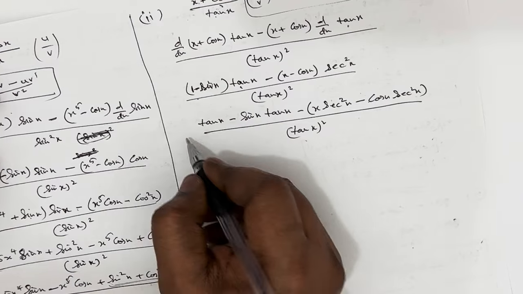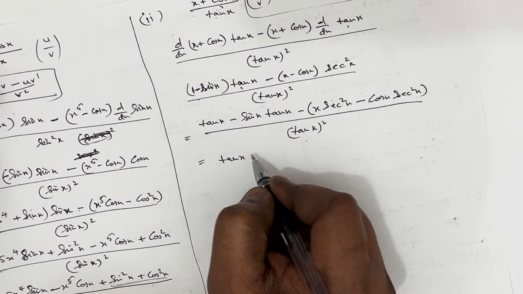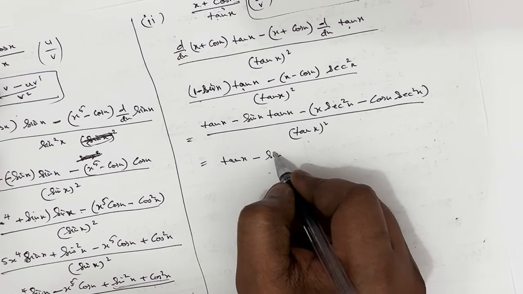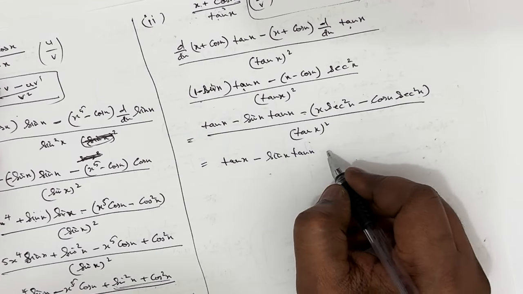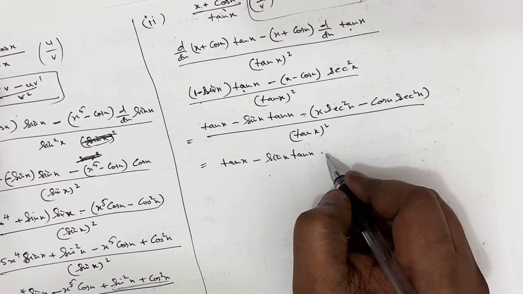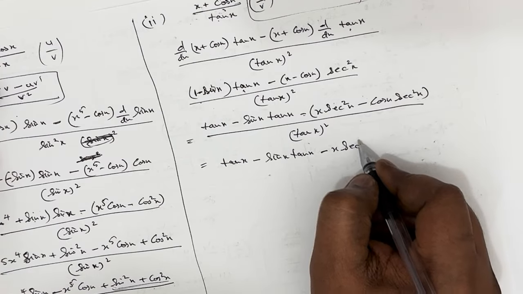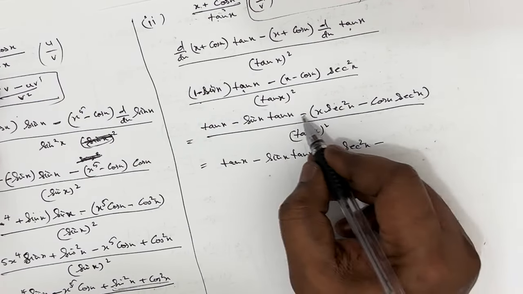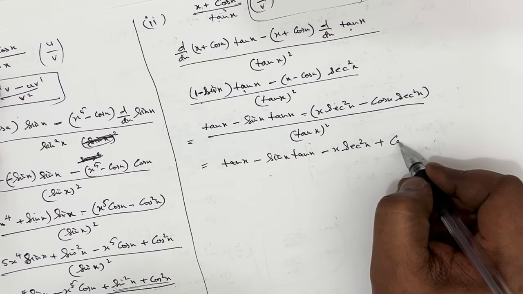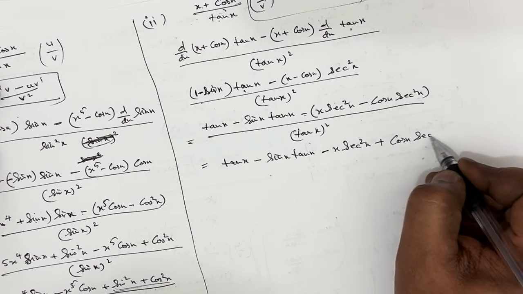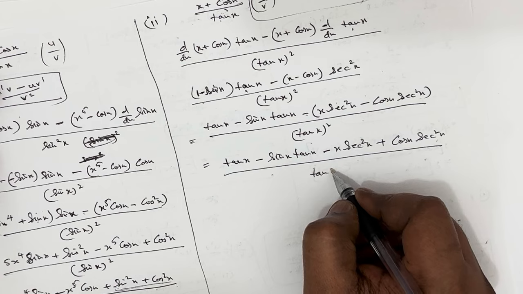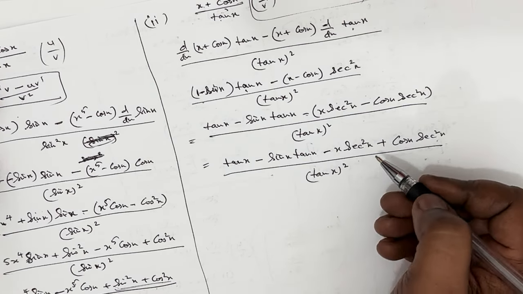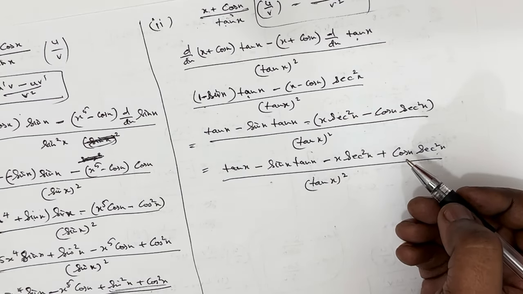Multiplying the negative inside and opening the brackets, minus x secant square x, minus into minus becomes plus cos x secant square x, upon tan square x or (tan x) whole square. So this is the answer, I think.